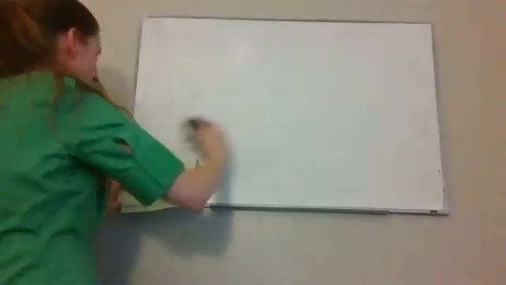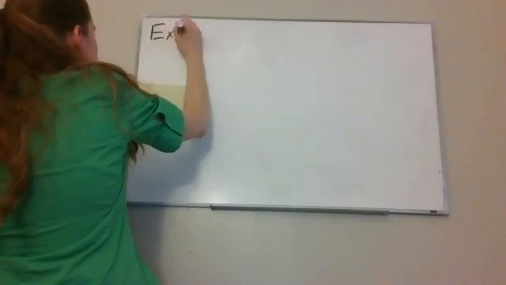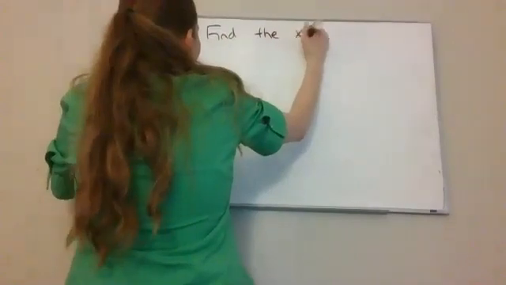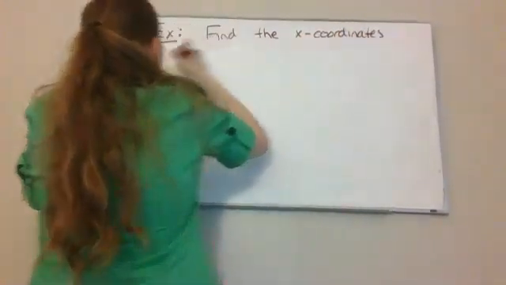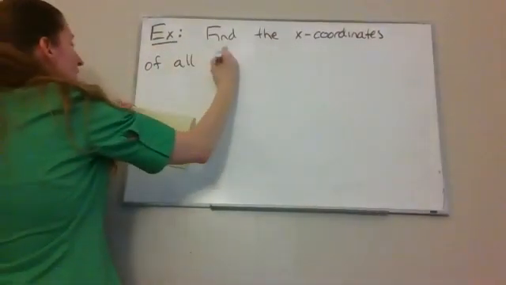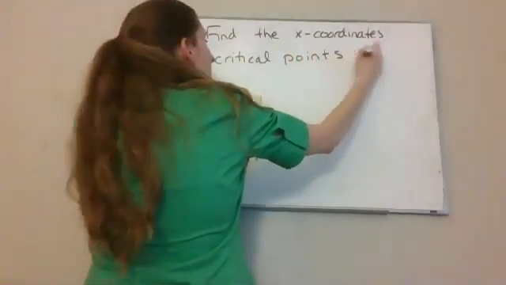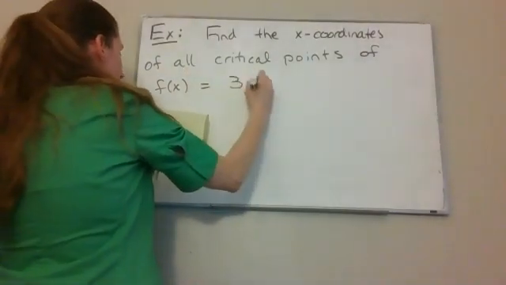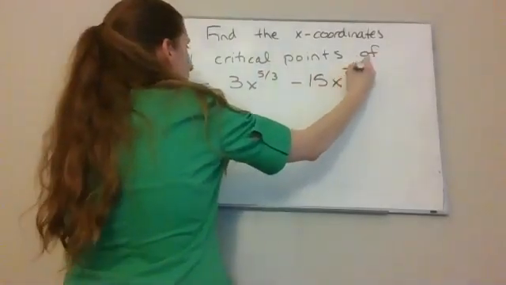Let's do an example where we find some critical points. Find the x-coordinates of all critical points of f of x equals 3x to the 5/3 minus 15x to the 2/3.